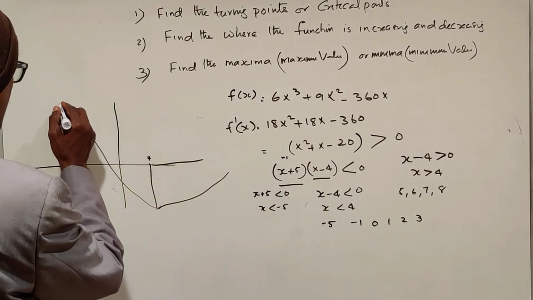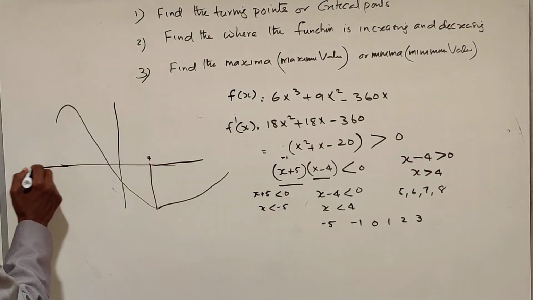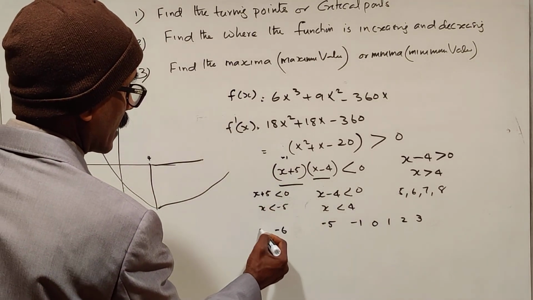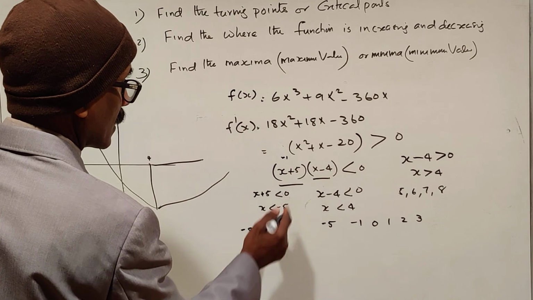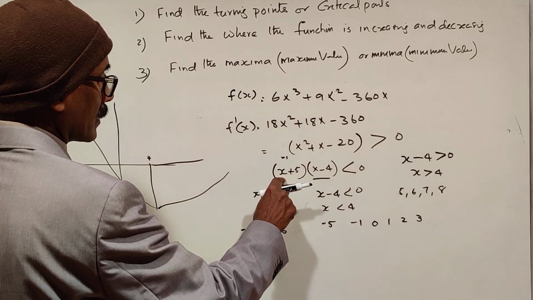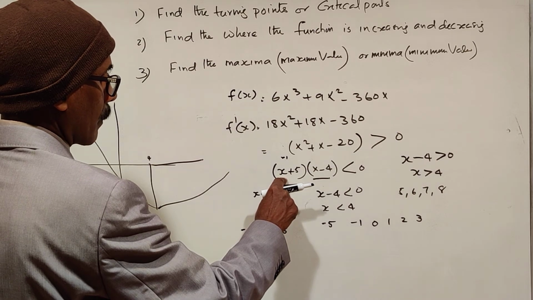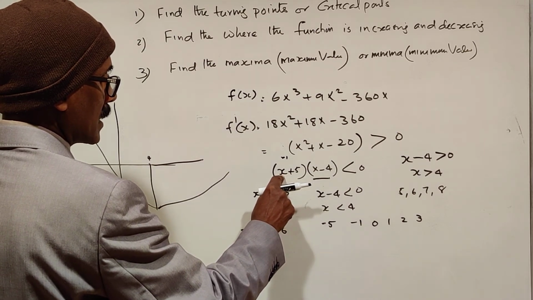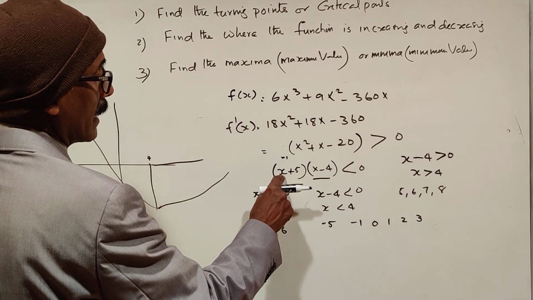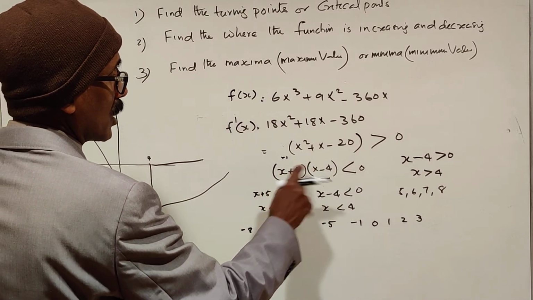If x is less than negative 5, for example negative 6, negative 7, negative 8, just substitute those values here. When you substitute negative 8 here, negative 3, negative, negative, positive.